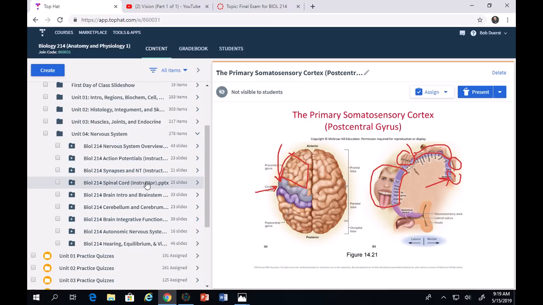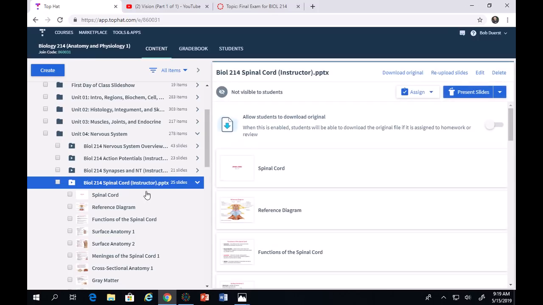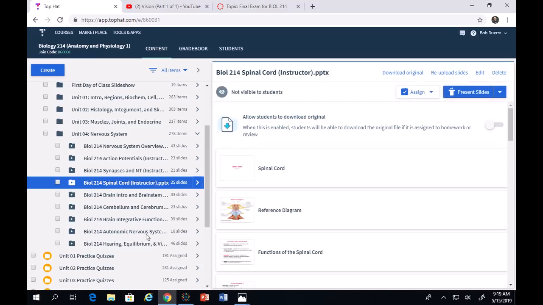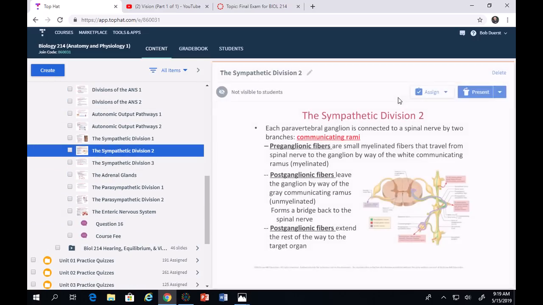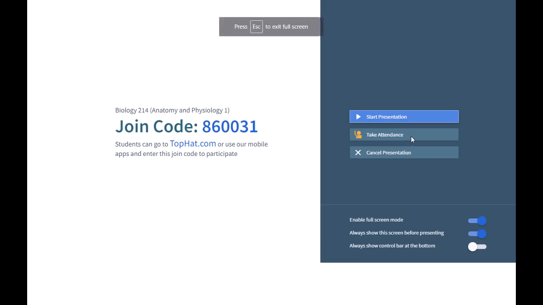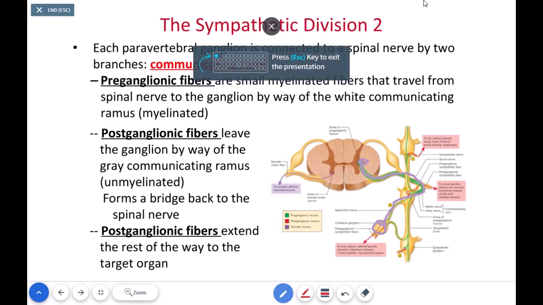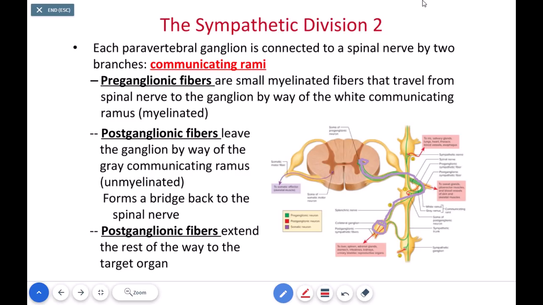We have spinal cord. Oh, wait, nope, rami was in the autonomic nervous system presentation. Let's pull up that diagram for us. So are you asking what makes a rami a rami?